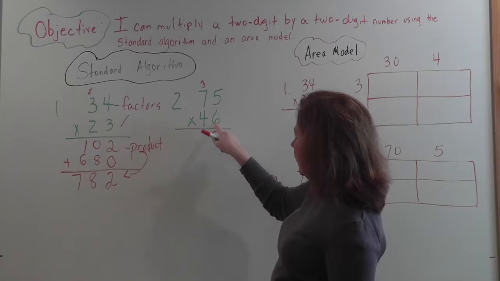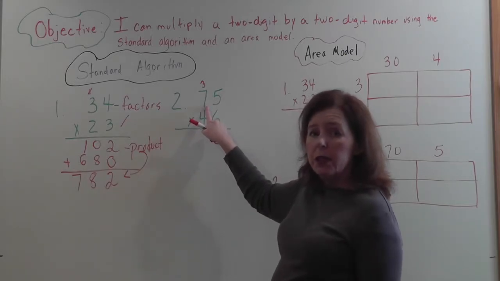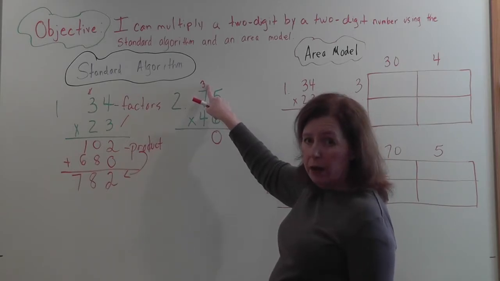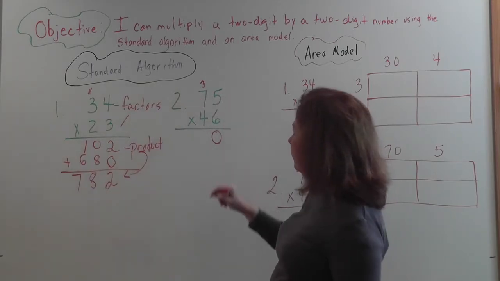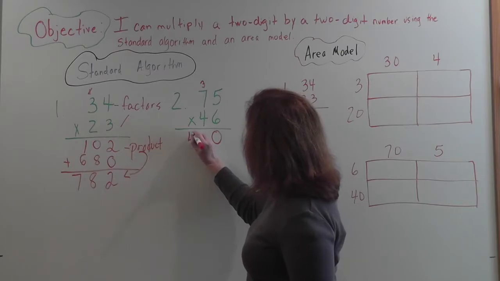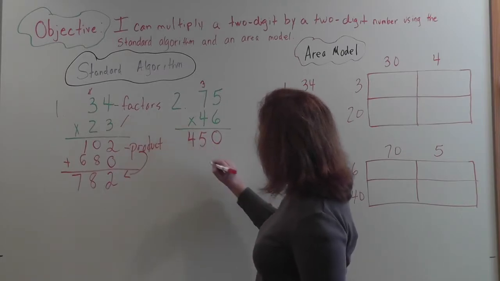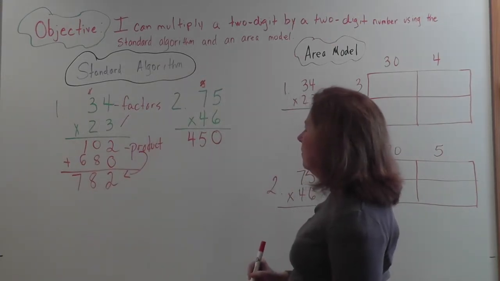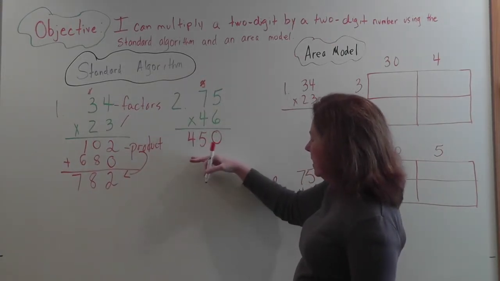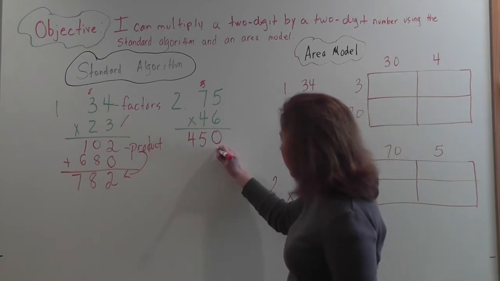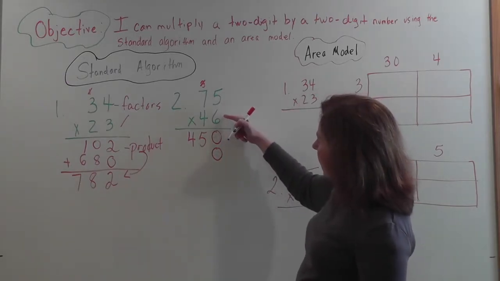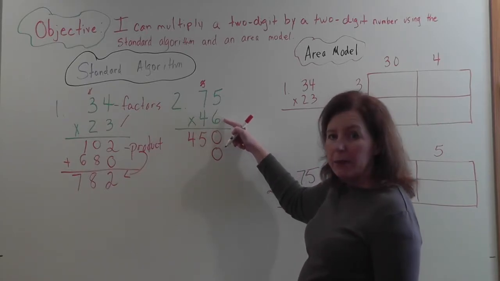Now I'll multiply 6 times 7, which is 42, plus the 3 tens I brought over would be 45. So I'll put 45 here. I'm going to scratch out my 3. And then on my next line, I'm going to put a 0 here. Always put a 0. Now I'm finished with my 6, multiplying my 6 out.